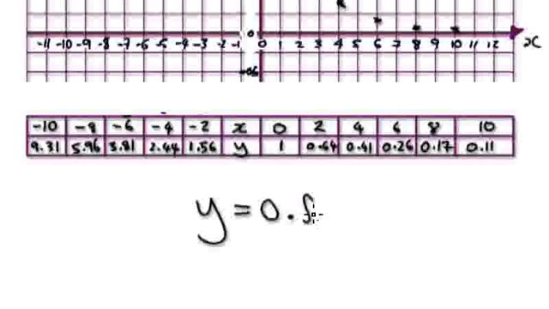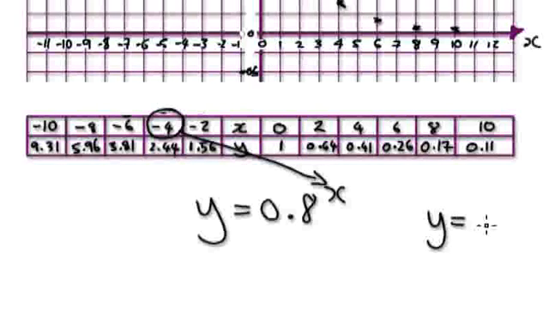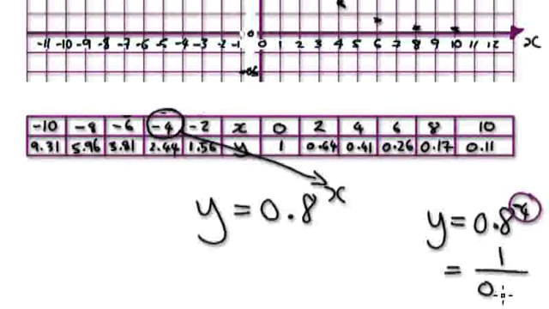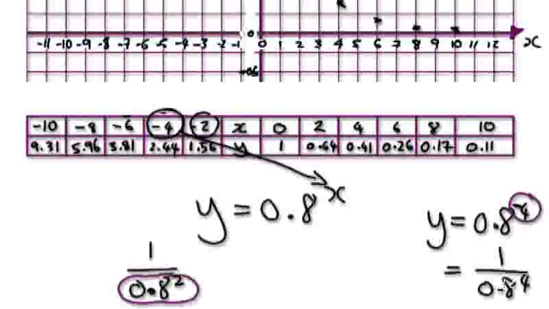Then y equals 0.8 to the power of x, and we put minus 4 into this x. So this becomes y equals 0.8 to the power of minus 4. This minus 4 is really hard to understand, so immediately jump to 1 over 0.8 to the power of 4. Earlier, it was 1 over 0.8 squared.